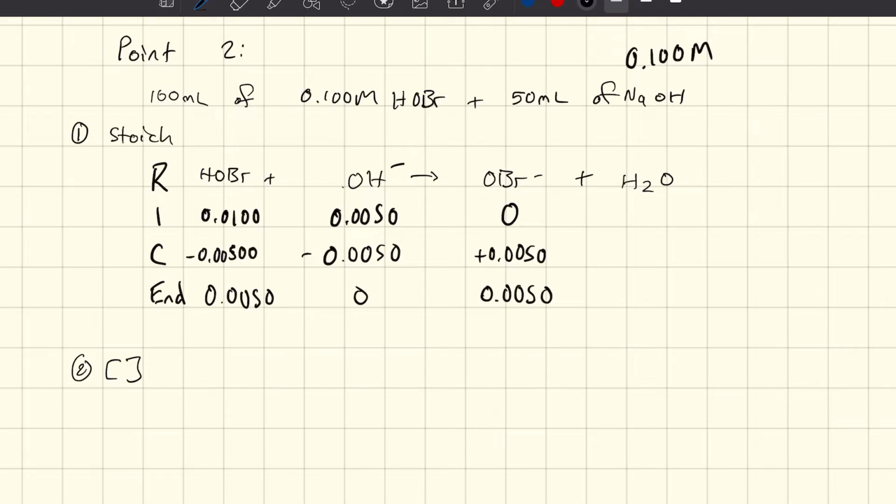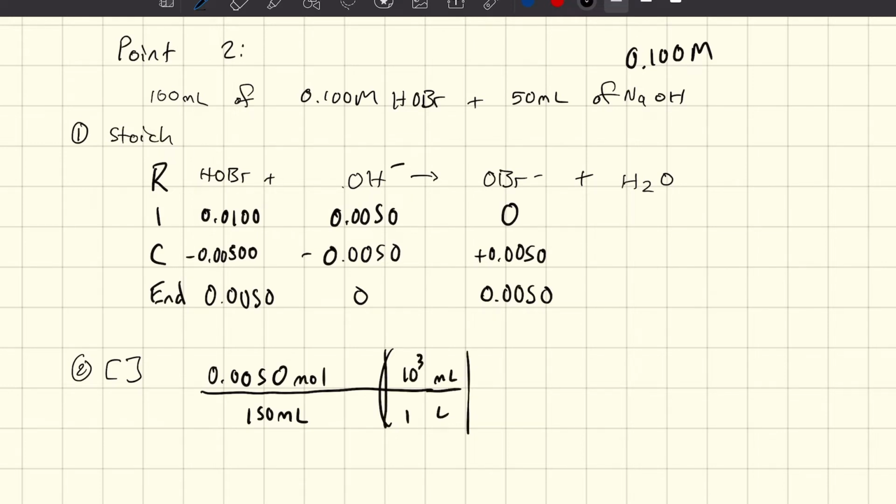This is 0.0050 moles, and our total volume is 150 milliliters. Then we can do a milliliter to liter conversion, and we get 0.033 molar. These OBr- and HOBr are both going to have the same concentration because they have the same number of moles after this reaction.